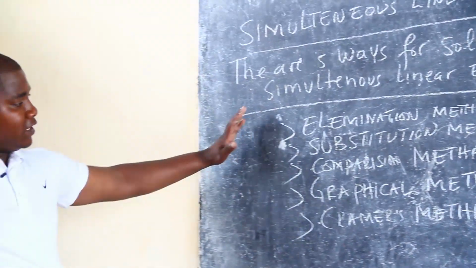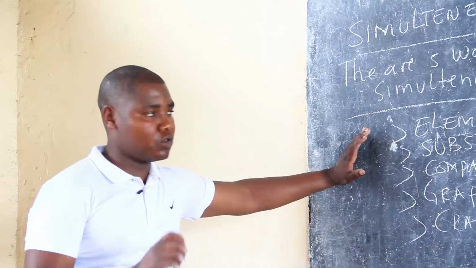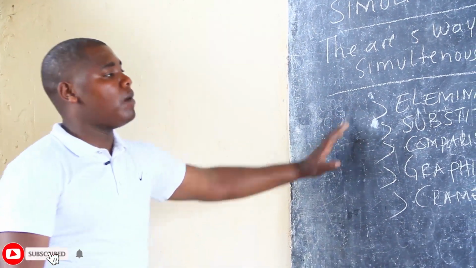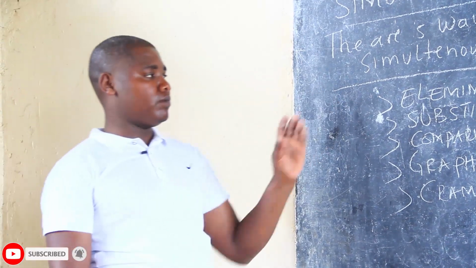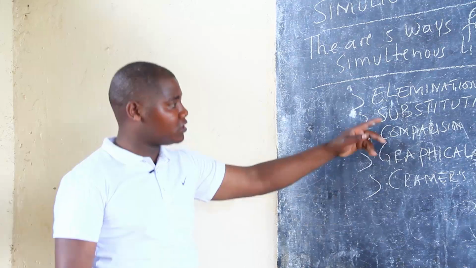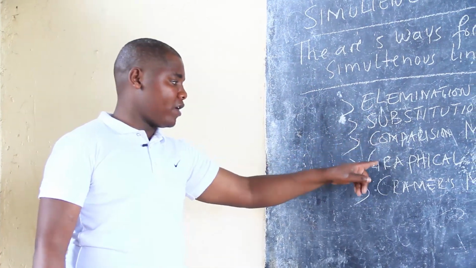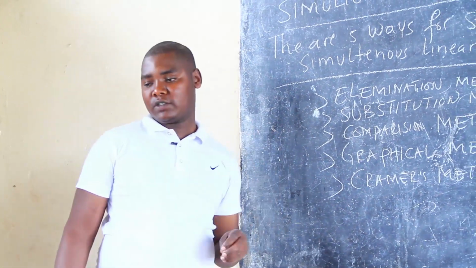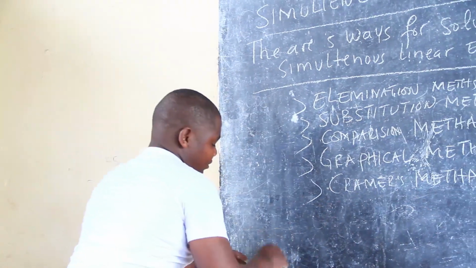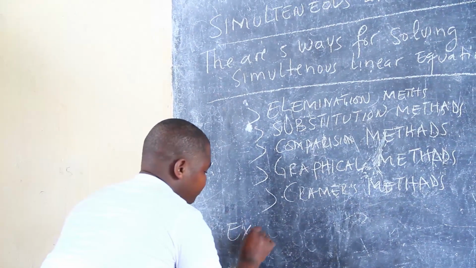So according to these 5 ways for solving simultaneous linear equations, I'm going to take one example in order to know how we can use those 5 ways to find one answer.